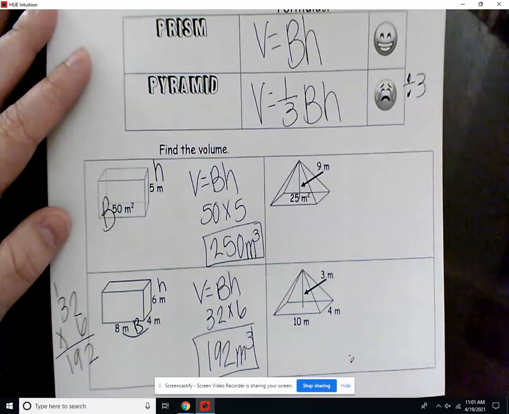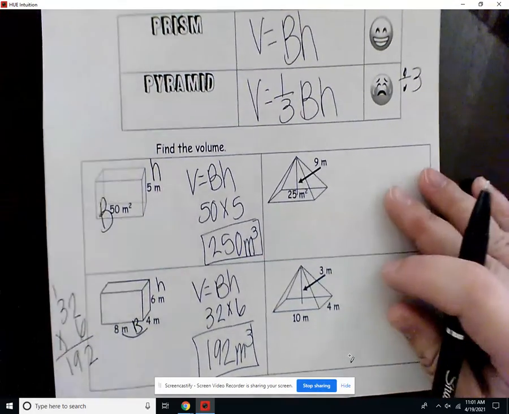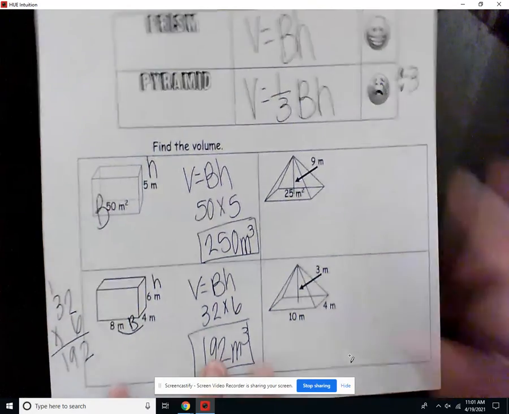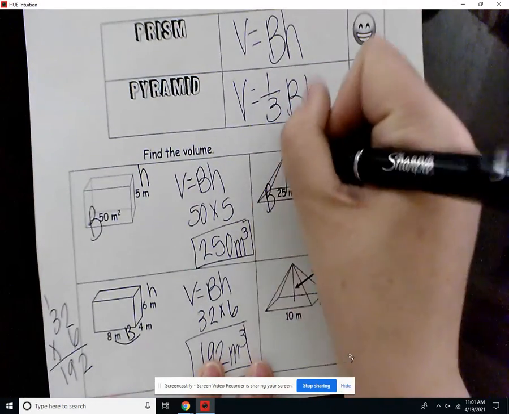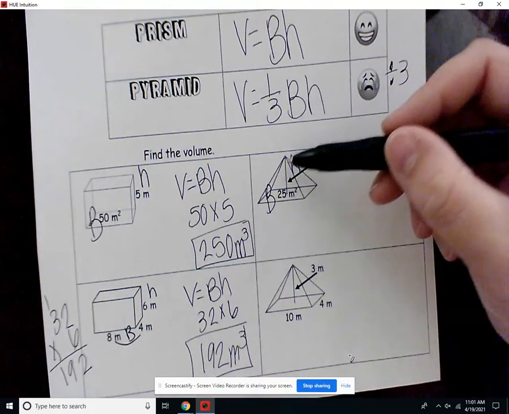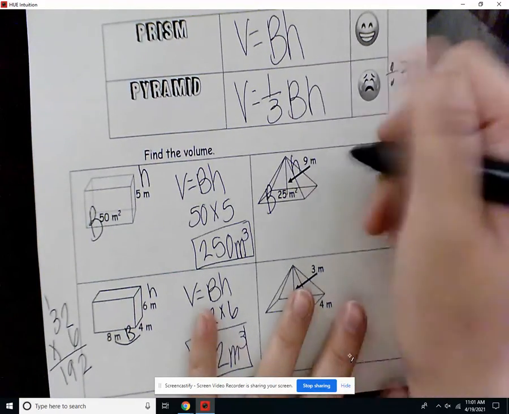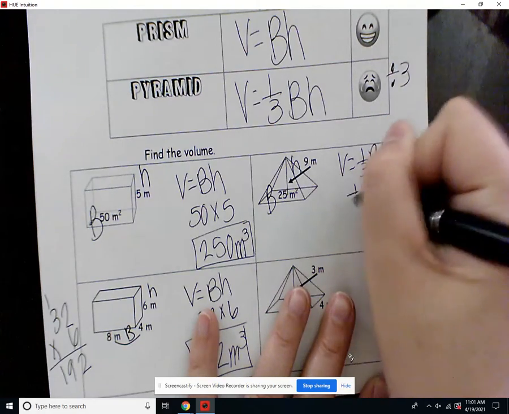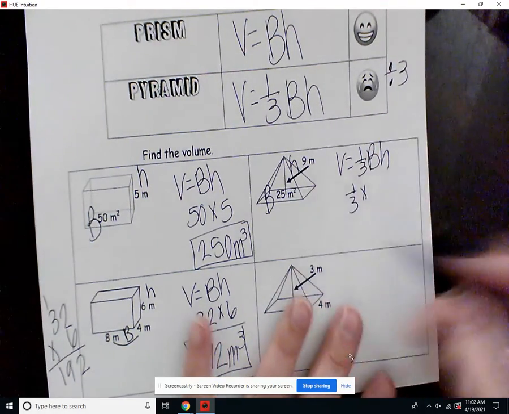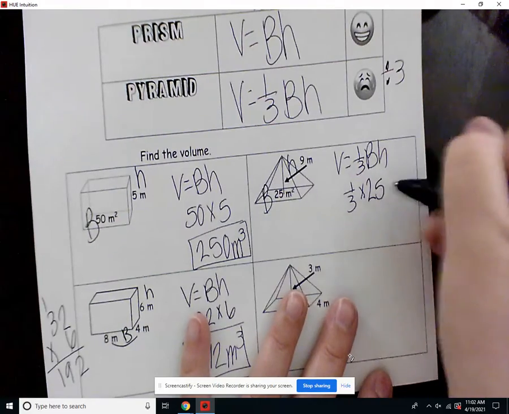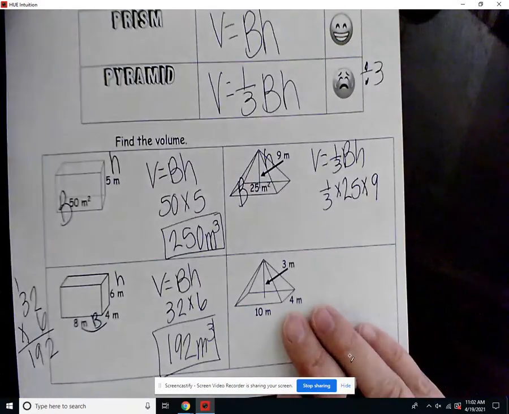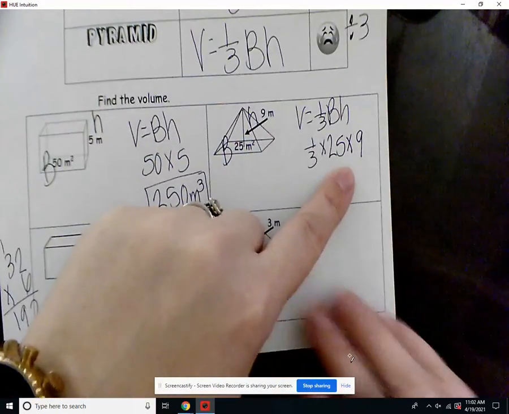Okay, so now for our pyramids. Pyramids, I think, are a little bit easier because your base will be on the bottom. So that's the nice part. So base, height, your height goes from the top point straight down through the center of the pyramid. So we have our base is 25, our height is 9. So we have 1/3, 25 times 9.